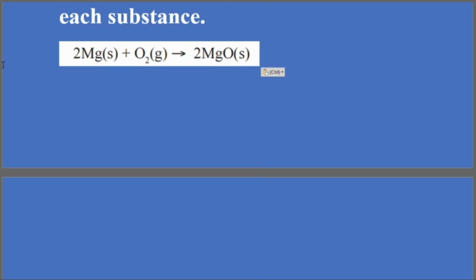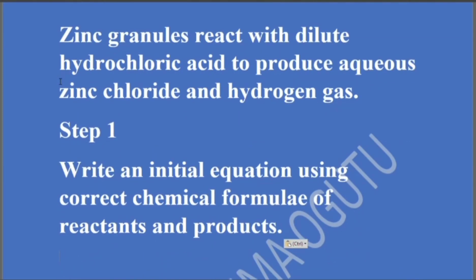So we are reacting zinc granules with dilute hydrochloric acid to produce aqueous zinc chloride and hydrogen gas. Remember, we'll follow our steps.